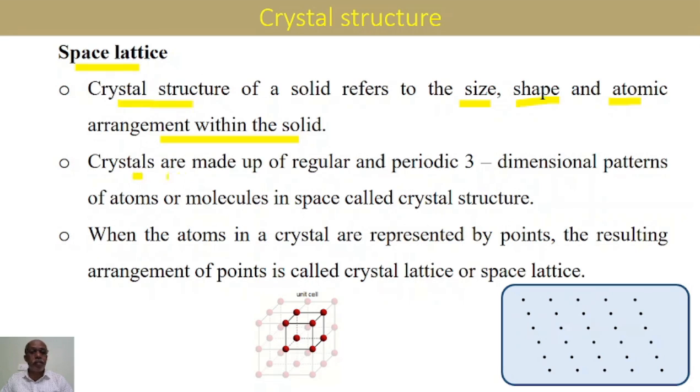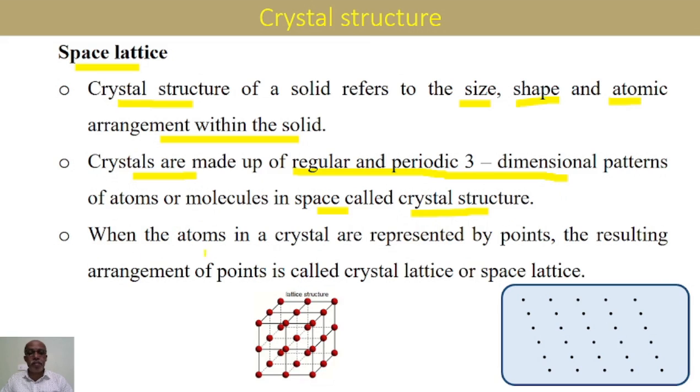And these crystals are made up of a regular, periodic, three-dimensional pattern of atoms. The atoms in a crystal are arranged in a regular, periodic, three-dimensional array, and they are arranged in space, which is called the crystal structure.